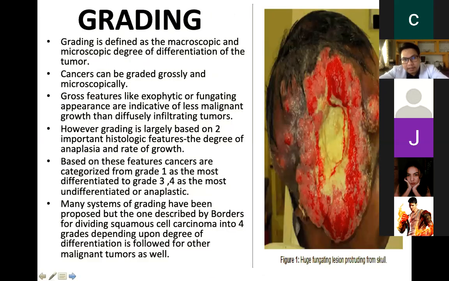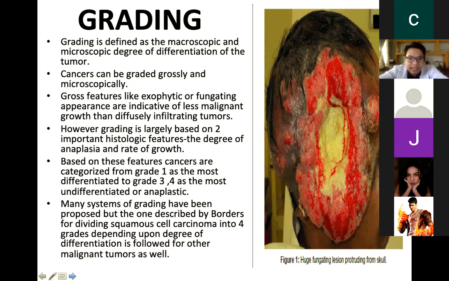Now the grading. So grading is defined as the macroscopic and microscopic degree of differentiation of the tumors. If kanina, staging is both clinical and pathologic, grading naman class is both macroscopic and microscopic. Okay? Cancers can be graded grossly and microscopically.